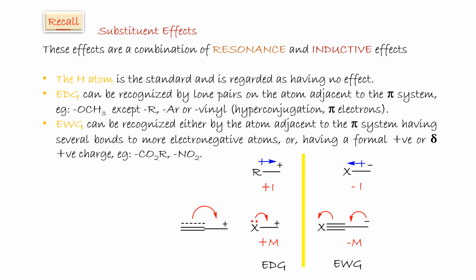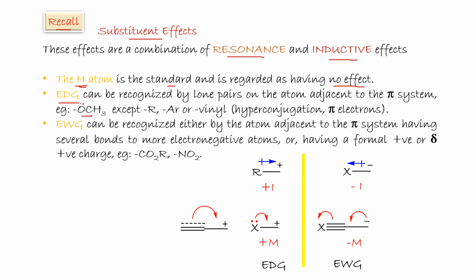Recall from Organic Chemistry 1 the substituent effects on ions. These effects are found to be a combination of resonance and the inductive effect. We use hydrogen as a standard, regarded as having no effect. An electron donating group can be recognized by a lone pair on the atom adjacent to the pi system, like OCH3, where we have lone pairs on the oxygen.